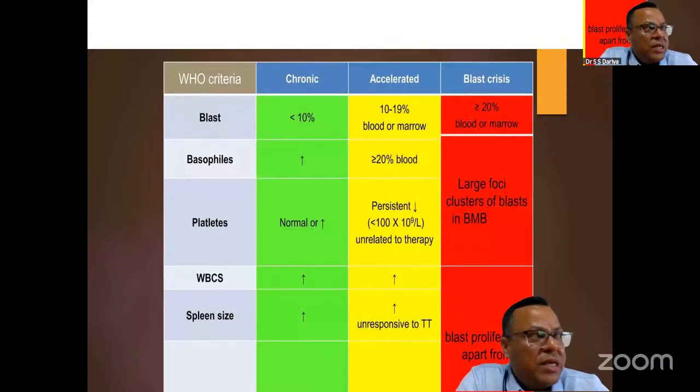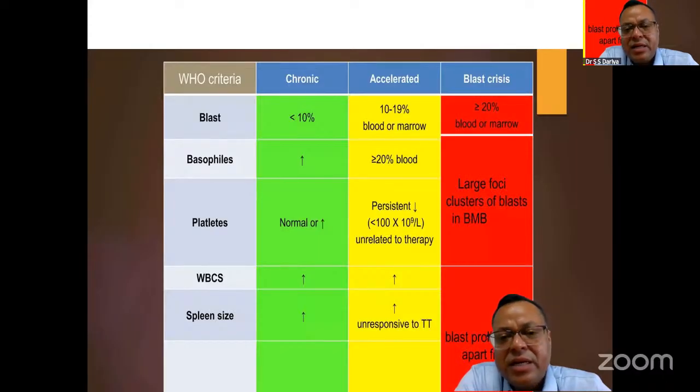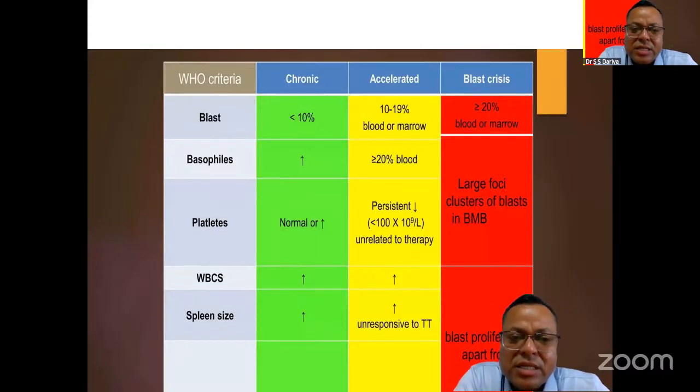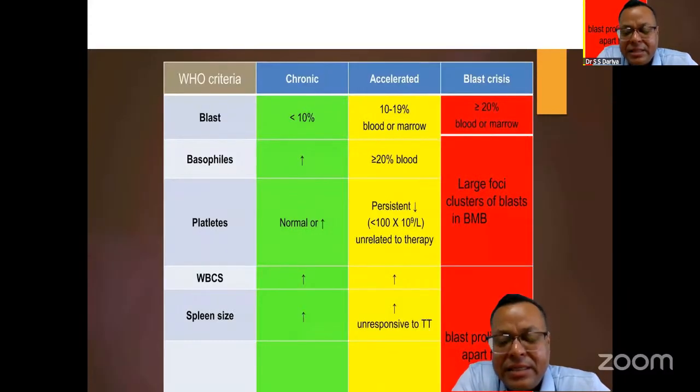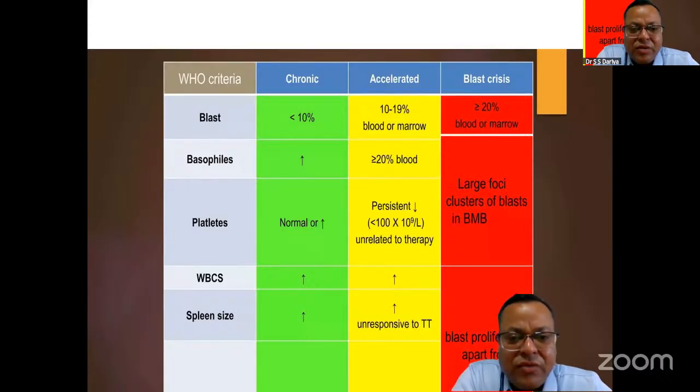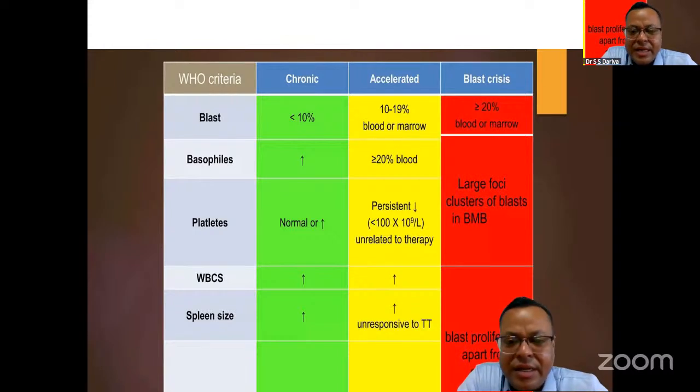As per the WHO, there are two criteria. One is the WHO criteria, and the other one is the European LeukemiaNet classification. Here I discussed the WHO, where in chronic phase the blasts should be less than 10%, accelerated 10 to 19%, and if it is more, then there is a blast crisis. Basophils increase in accelerated phase to more than 20% of the blood picture.